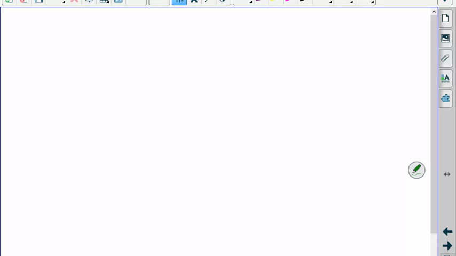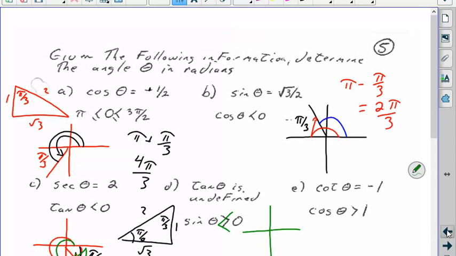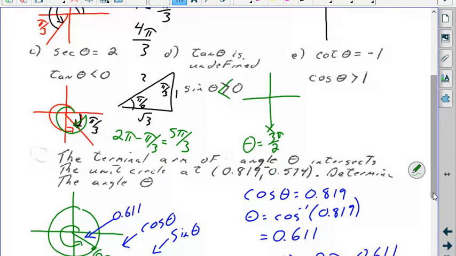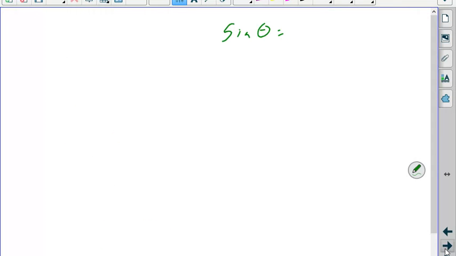I could do the exact same thing with sine, but I have to be careful. If I want my reference angle, I'm going to drop the negative sign. I want my calculator to tell me the reference angle between 0 and pi over 2 or 0 and 90 degrees, depending on which angle I ask.